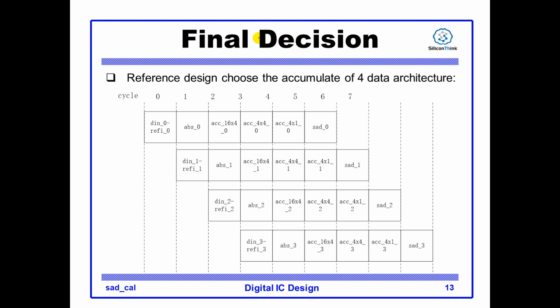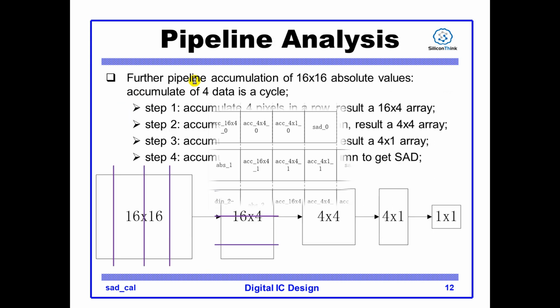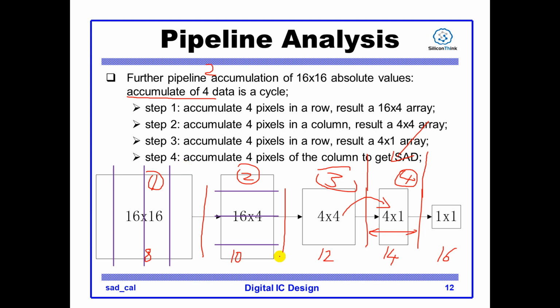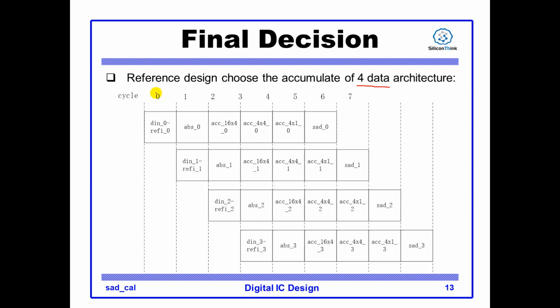From my decision, I choose the accumulation of 4 data architecture. So this is the pipeline diagram for this architecture, and this is the cycle number.